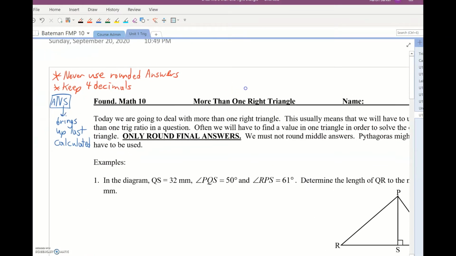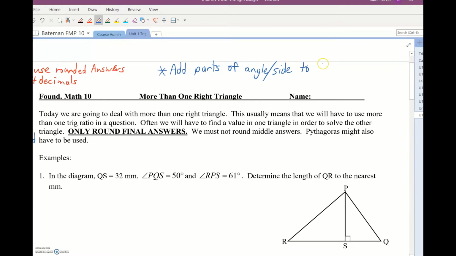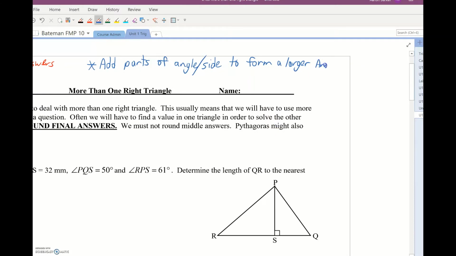Other key points is often today you'll have to add parts of an angle or a side to form a larger angle or side.